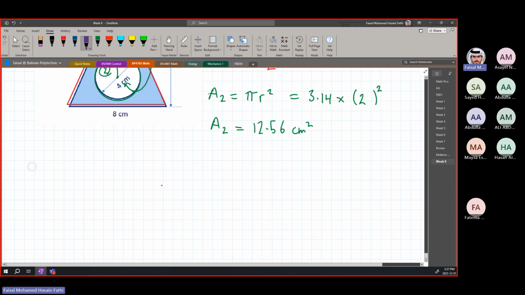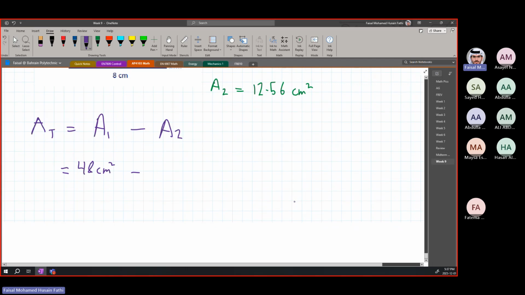So what we have to do here is the total area is going to be equal to area 1 minus the hole, which is the circle in this case, A2, minus the area of the circle. So it's going to be equal to 48 centimeters squared minus the 12.56 centimeters squared.